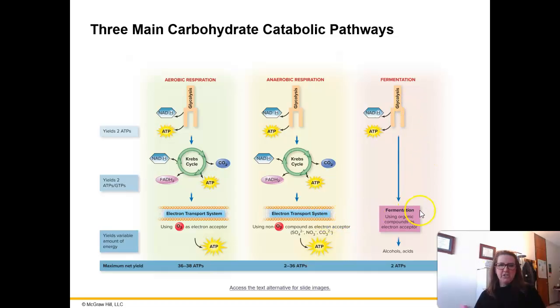So in fermentation, there is no oxygen, and essentially we have no Krebs cycle or electron transport chain, and instead we are going to use organic compounds as the electron acceptor. This is either alcohol, ethanol, or acids like lactic acid.